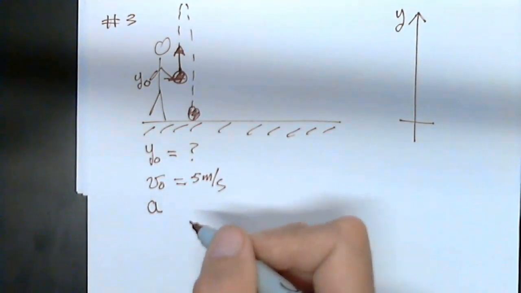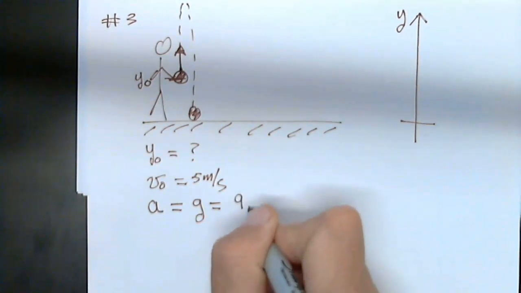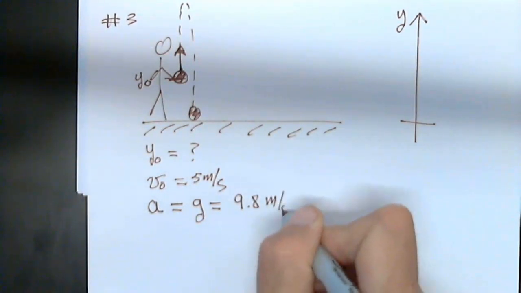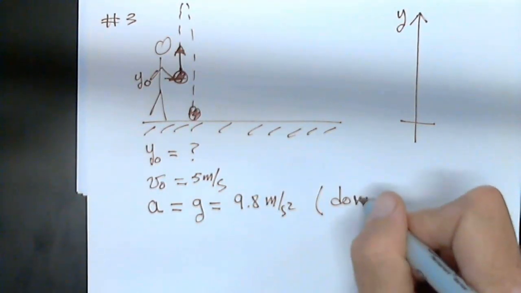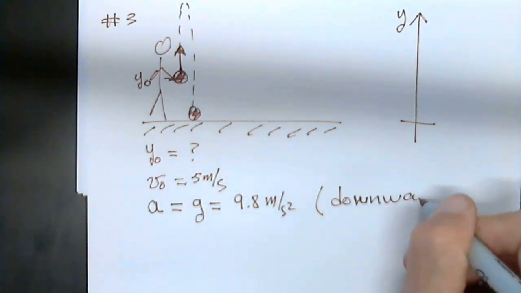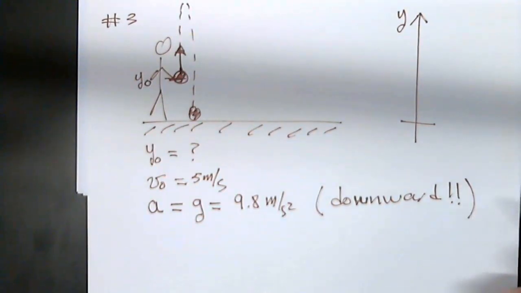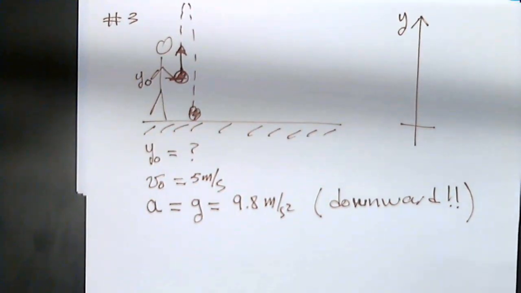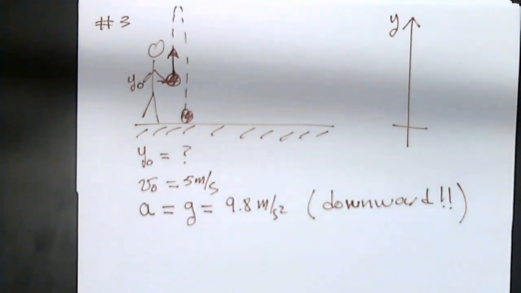Instead of using a, we prefer to use g, and the magnitude is 9.8 meters per second squared, but it's downward. So the acceleration is never going to be asked, because it's understood to be 9.8 if you are on this planet. If you are not on this planet, we will let you know.